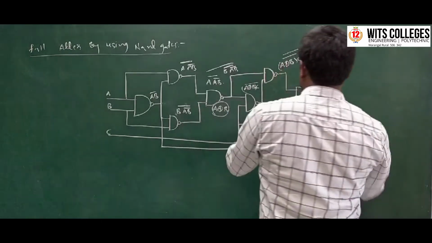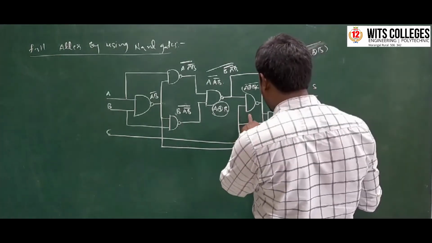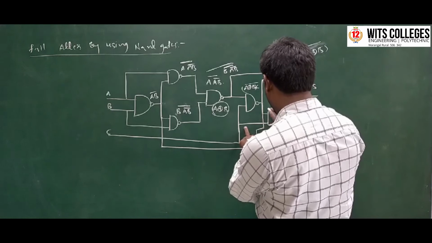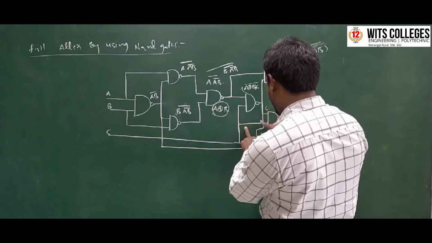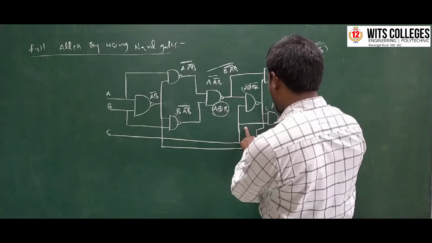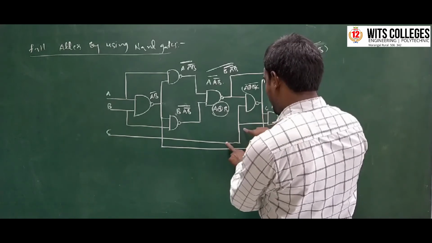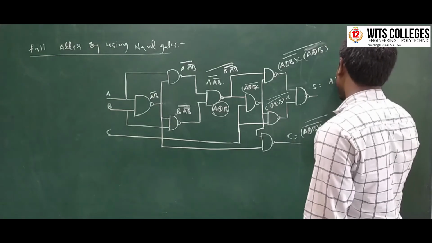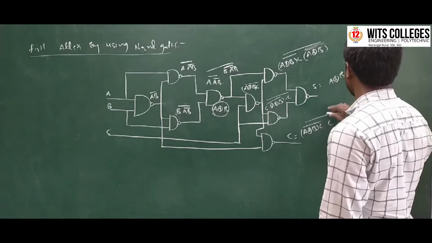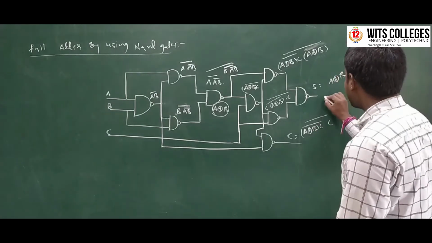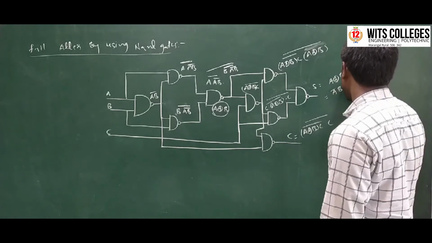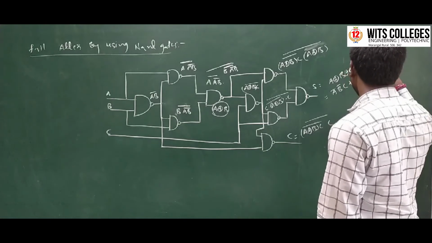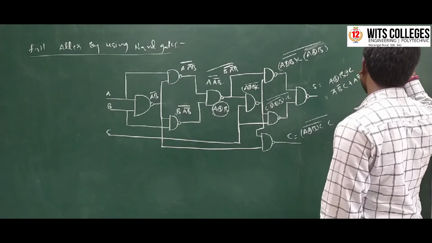And here for the sum output, this NAND gate gives the output of C into A exclusive or B, and this is the C, and S can be written as A exclusive or B exclusive or C, that is equal to A bar B bar C plus A B bar C bar plus A bar B C bar plus A B C.